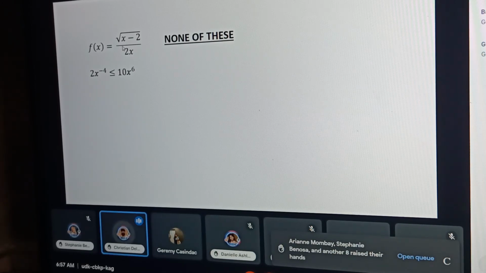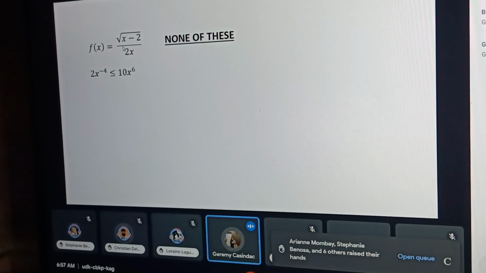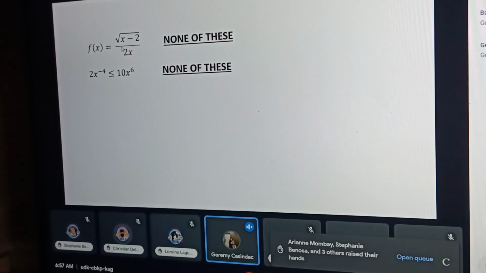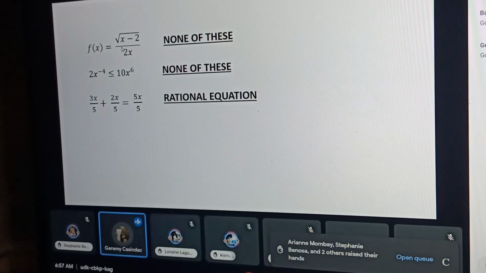None of these po. That's correct, none of these because its exponent is negative. And the last one, we have 3x all over 5 plus 2x plus 5 is equal to 5x all over 5. Rational equation po, ma'am. That's correct, this is a rational equation.